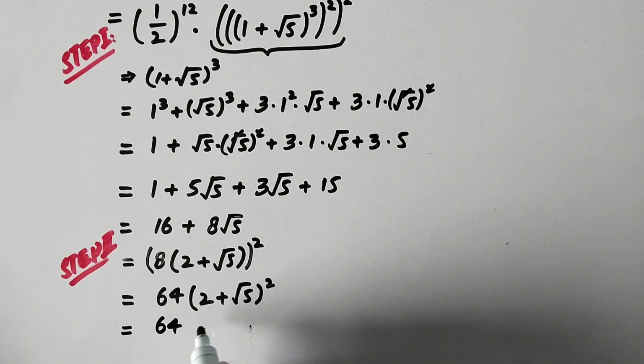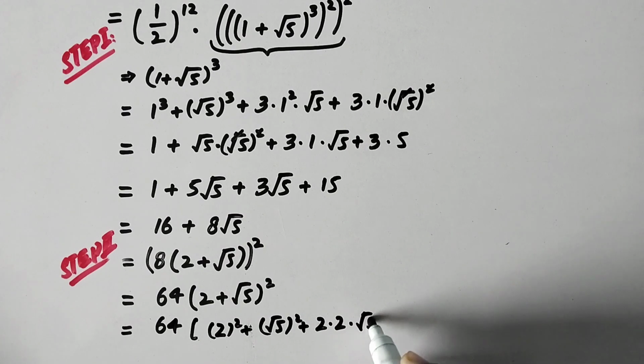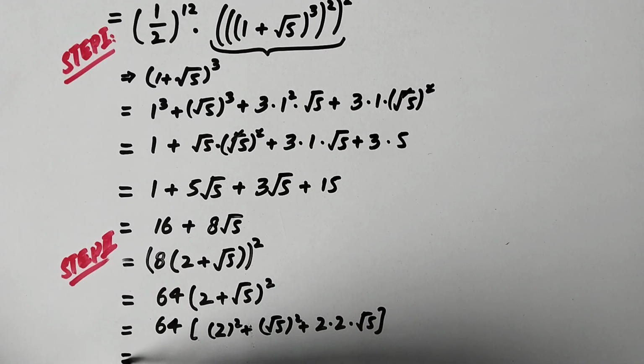Therefore, it will be equal to 2 squared plus square root of 5 squared plus 2 times 2 times square root of 5.